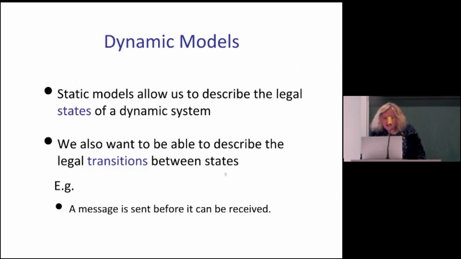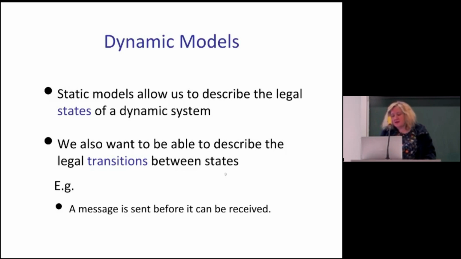Dynamic models are more interesting, which will allow us to express the sequence of actions. So when we look at the static representation of the world, we are describing it as we understand it. But if I look at the dynamic state of the world, then I will need to be able to express how the transition from state to state happens.